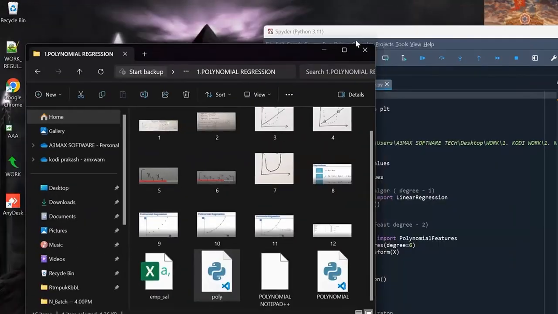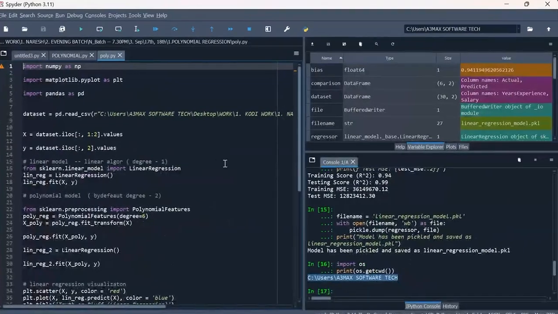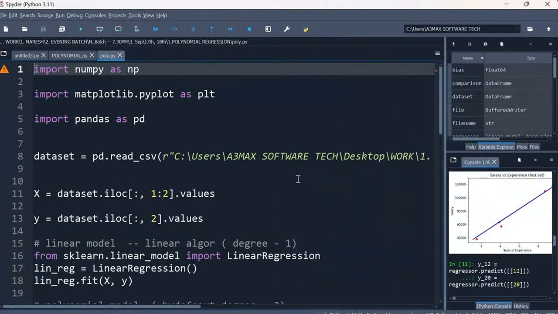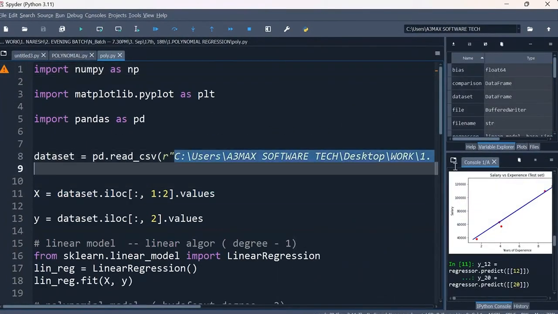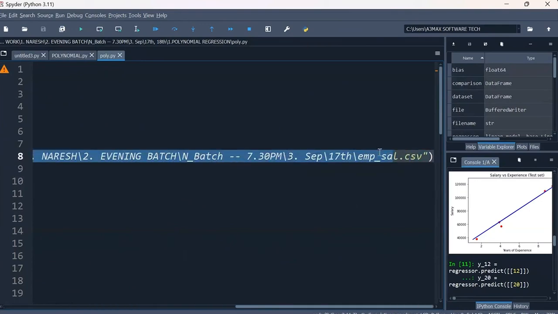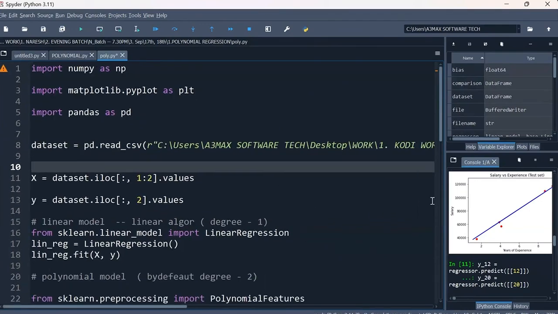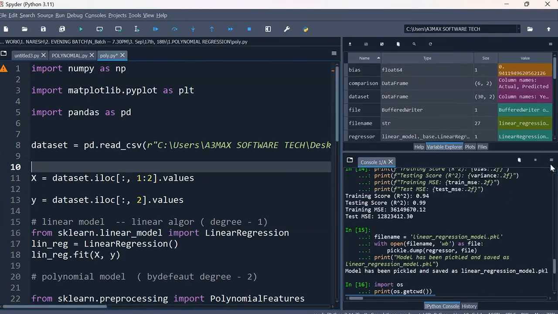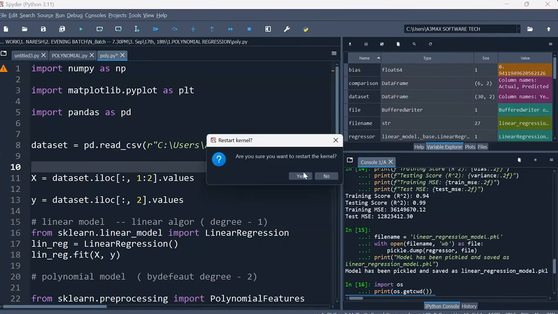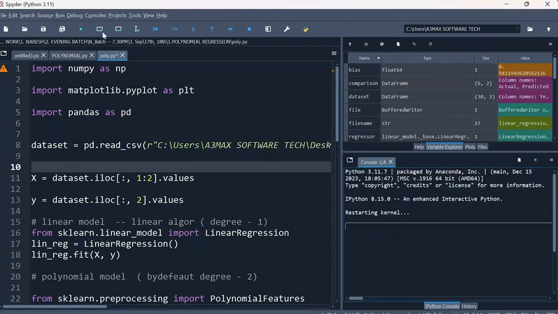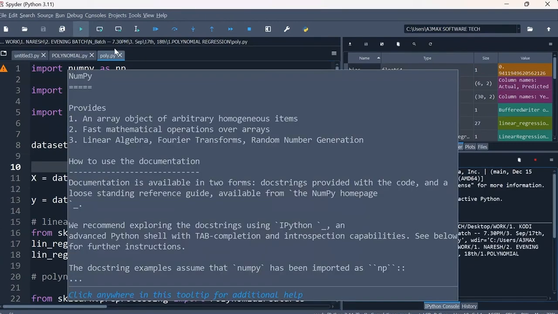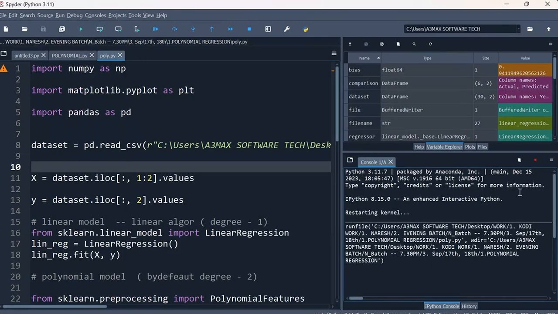Now, whatever model we built yesterday, please open that, guys. And what was the degree we finalized? 5th degree, right? Yes, 5th degree. Just go here and let me restart my kernel and run all the code once again.